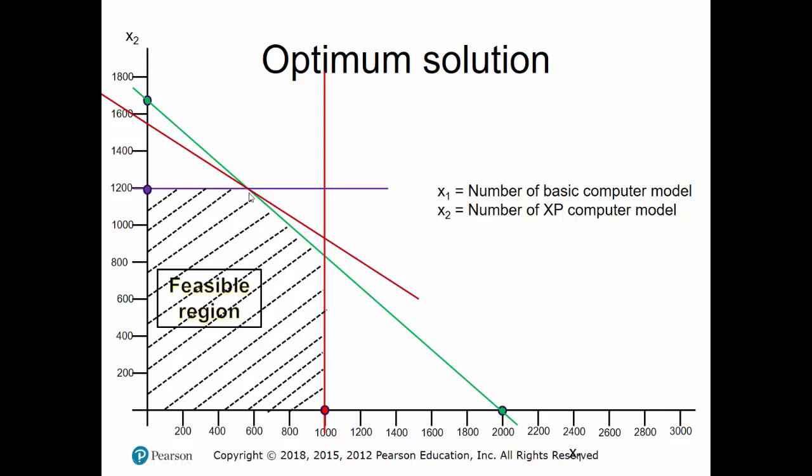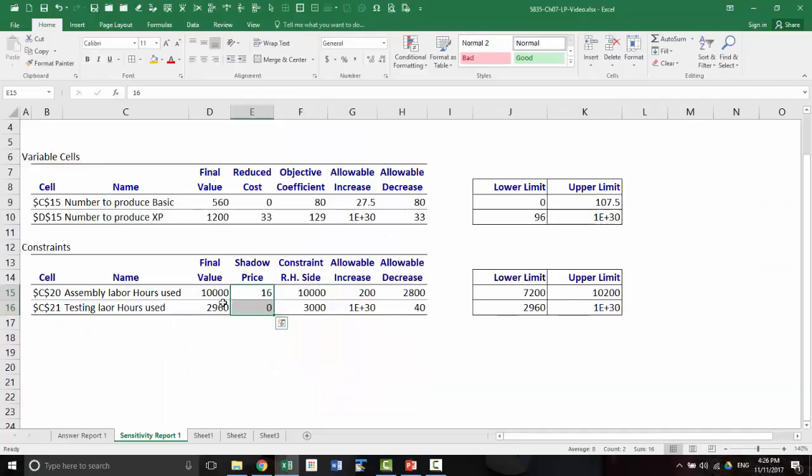So that's what the shadow price is about. Okay. The shadow price tells us, now when the assembly labor hours is right now 10,000, right? If it goes up or down, then what will happen to our profit? Okay. The profit will go up or down by $16.